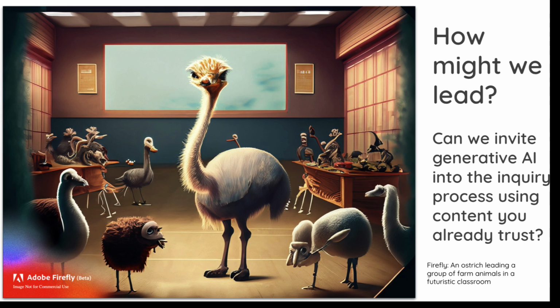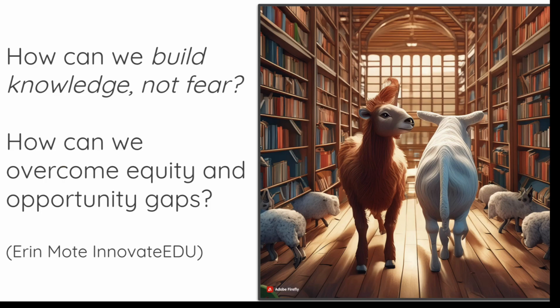How can we invite generative AI into the inquiry process using the content that we already trust and acting as an assistant when we use large language models and other tools that are really designed to support research that are now using AI? What I believe librarians need to be up to is building knowledge rather than fear, and also considering how we can overcome equity and opportunity gaps.